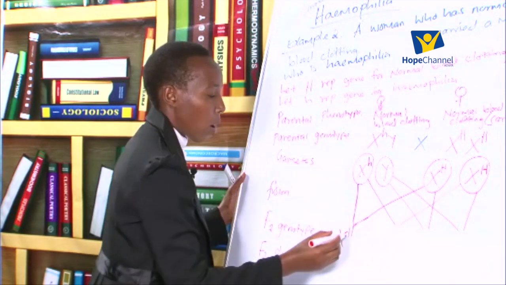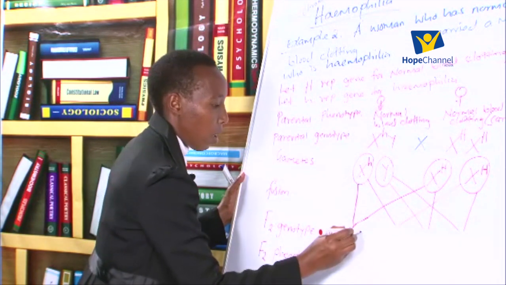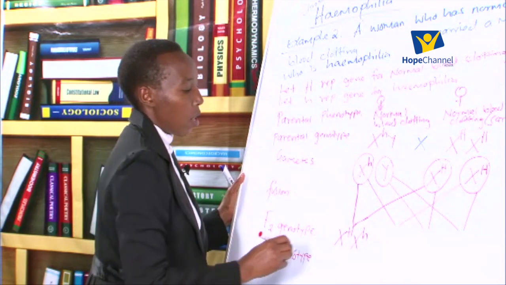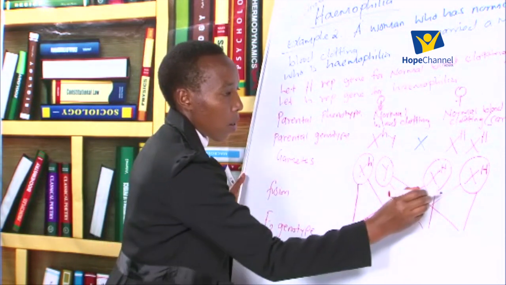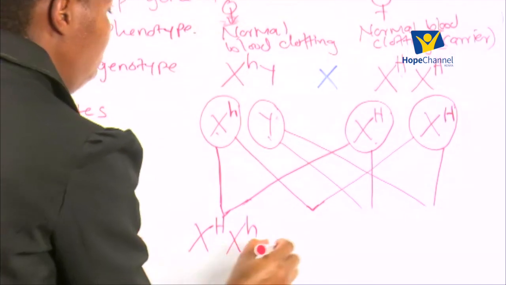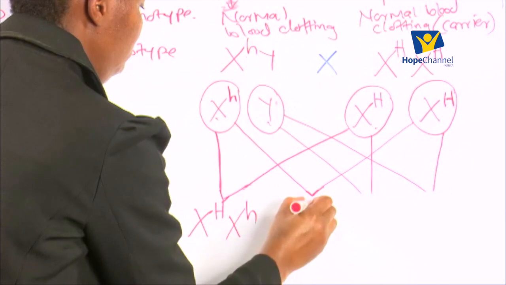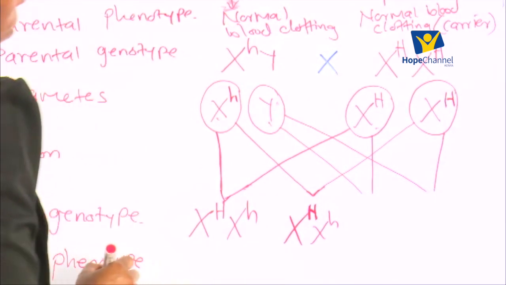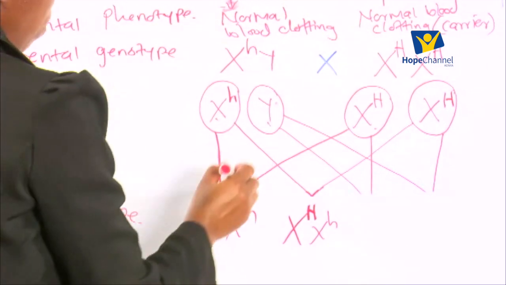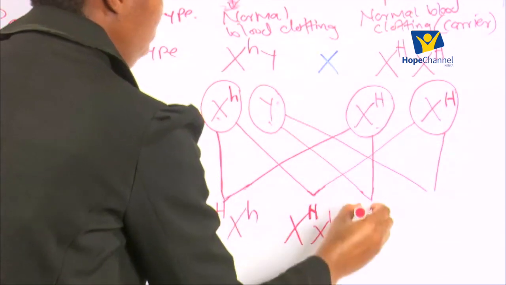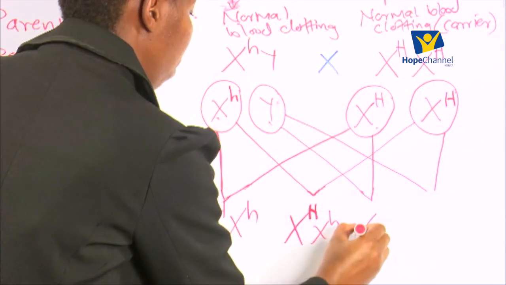So we are going to have a female. A female is heterozygous. Then we are going to have another female in this case, and this female is also heterozygous for the condition. Then we are going to have the Y. We fuse the Y with the X from the female.